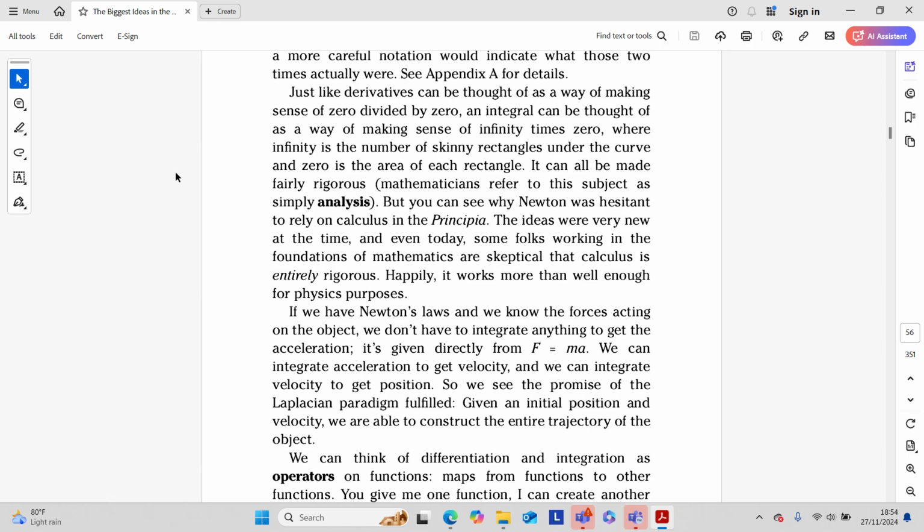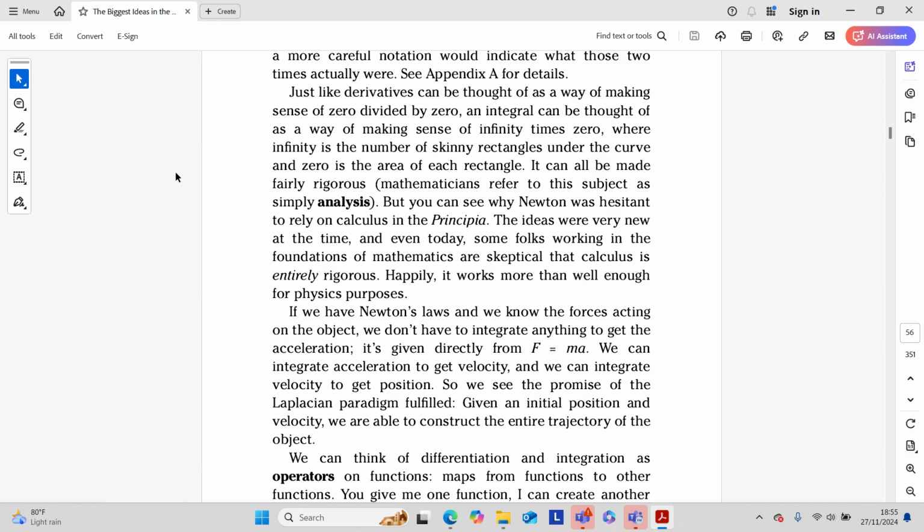Just like derivatives can be thought of as a way of making sense of 0 divided by 0, an integral can be thought of as a way of making sense of infinity times 0, where infinity is the number of skinny rectangles under the curve and 0 is the area of each rectangle. It can all be made fairly rigorous.